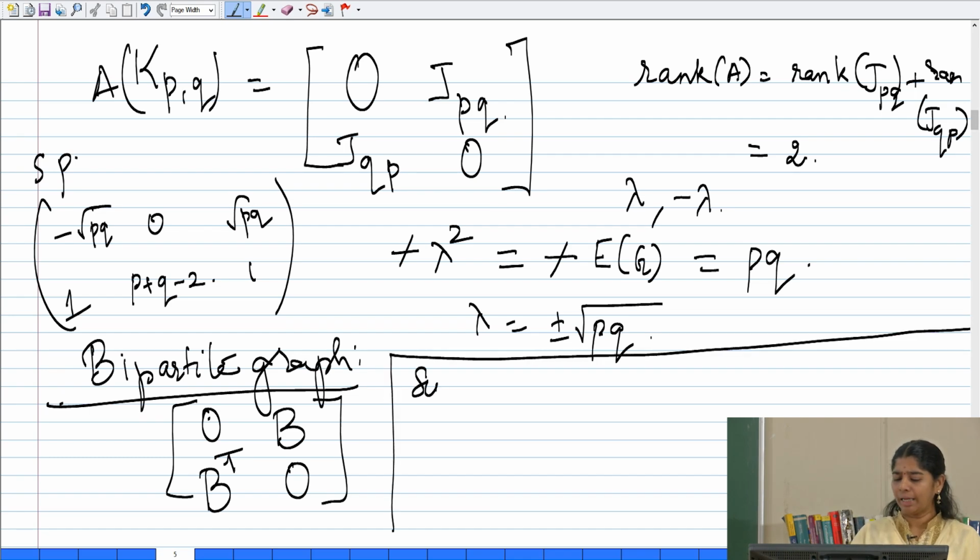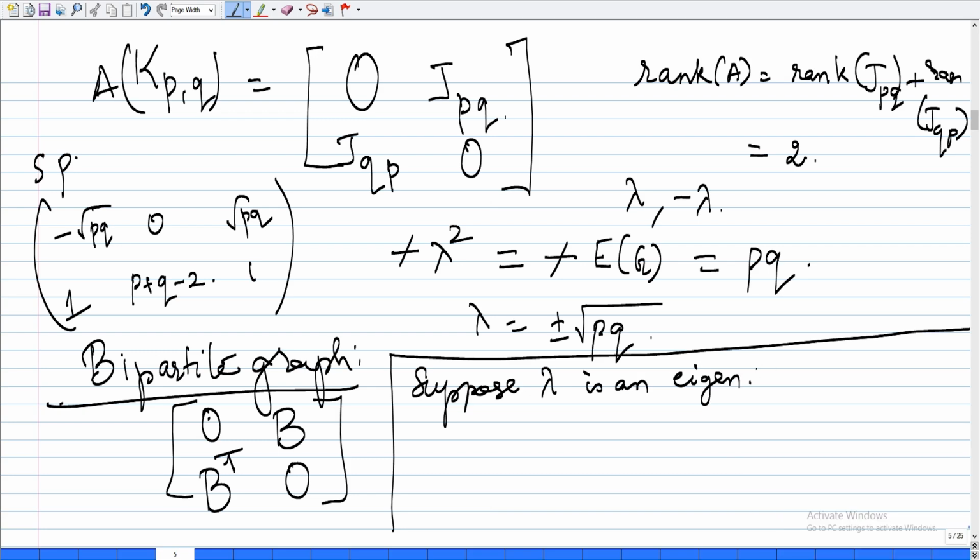Suppose lambda is an eigenvalue and say we have an eigenvector, let me just write it as xy, where x is of order p and y is of order q. So, in total I have my vector xy, where x corresponds to the first block. If I write it this way, then what can I say from here?